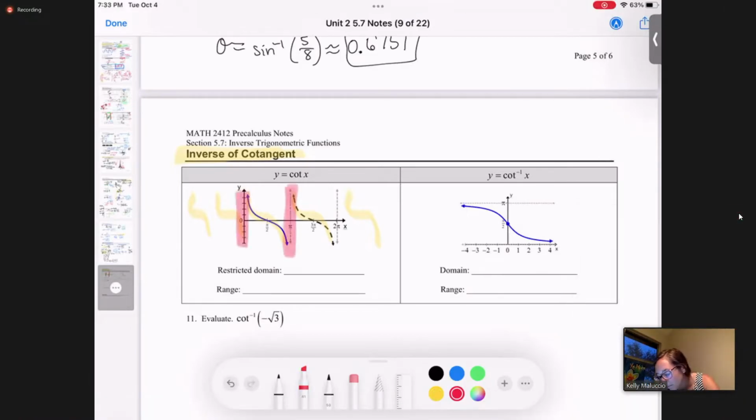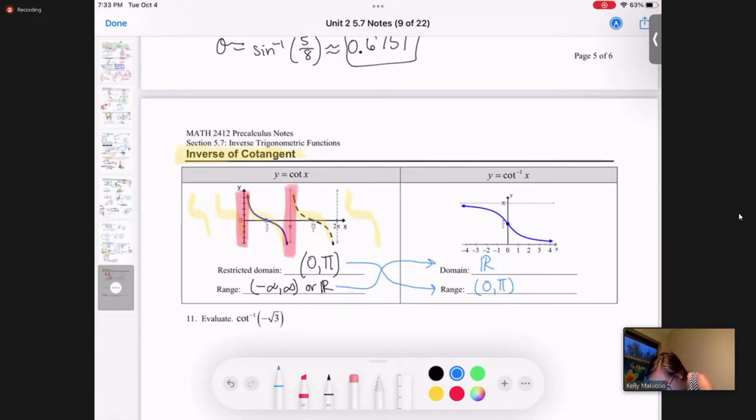So what's important here is just the domains. So restricted domain is going to be 0 to pi, not including. And then the range is still -infinity to infinity, right? And so again, we just reverse these over here. So my domain is all real numbers. My range is 0 to pi.